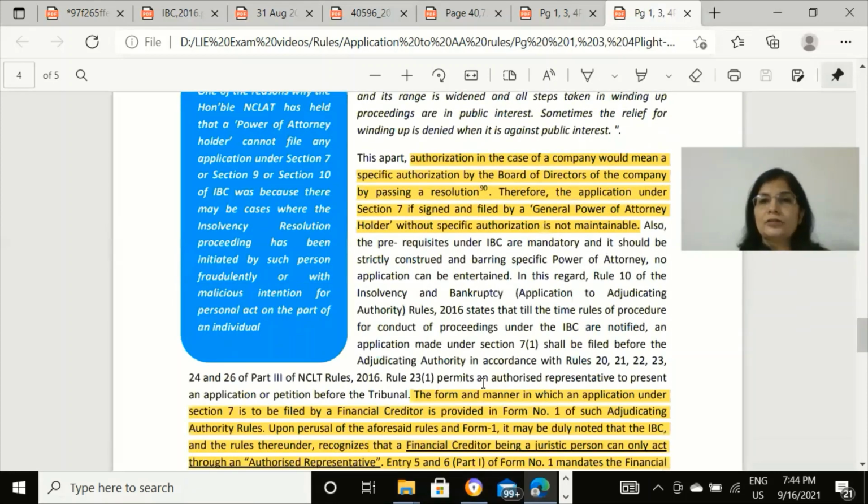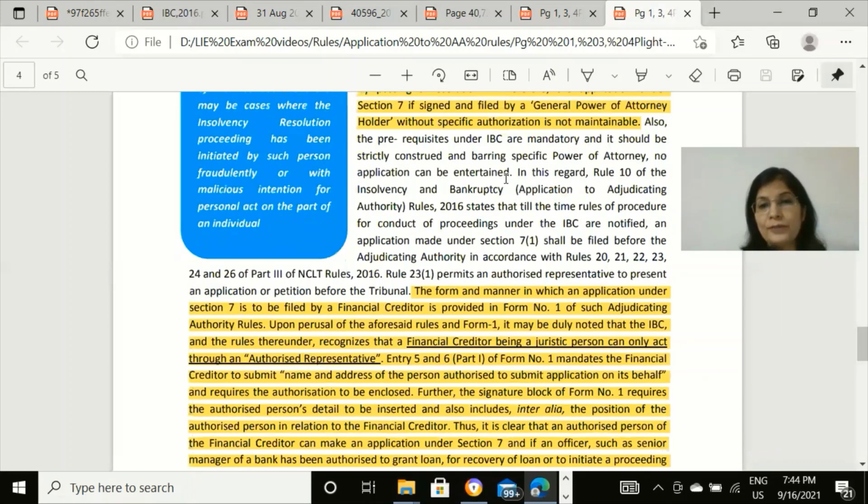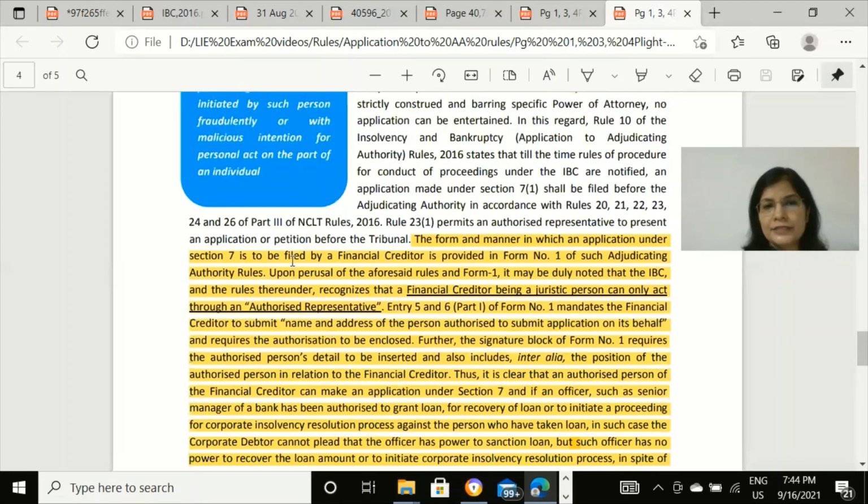Another thing they said: authorization in case of a company means a specific authorization by the board of directors of the company, given by passing a resolution. Therefore, an application under section 7, if signed and filed by a general power of attorney holder without specific authorization, is not maintainable. The form and manner in which an application under section 7 is to be filed is provided in Form 1.